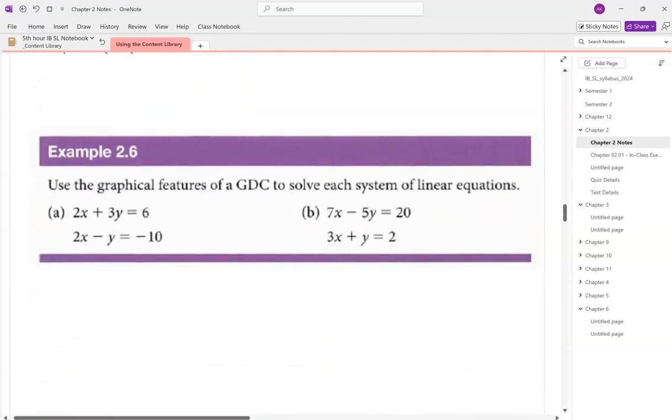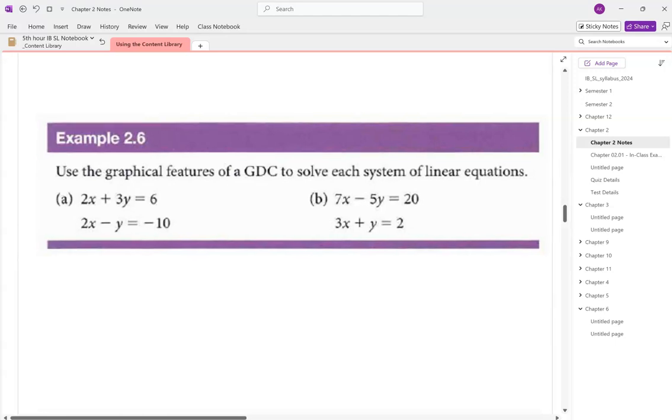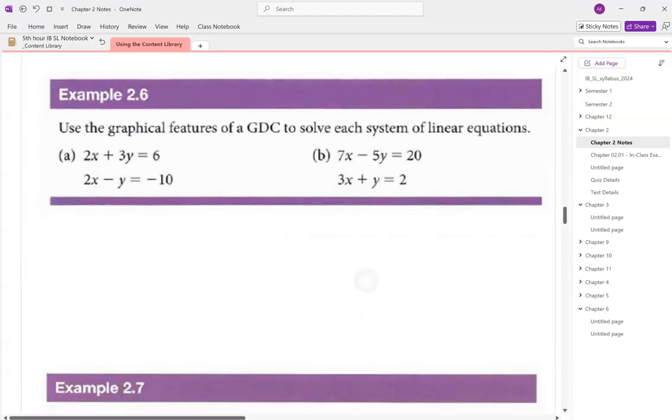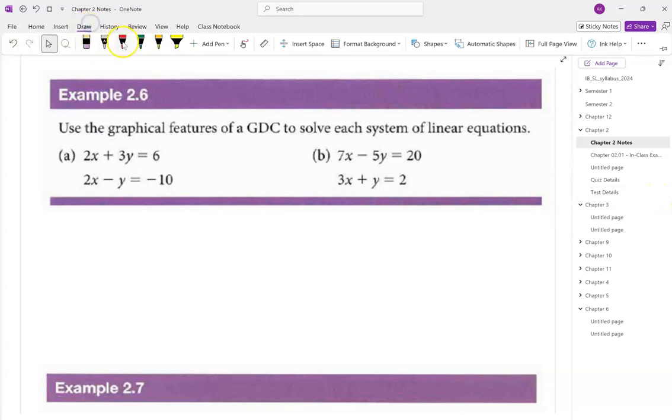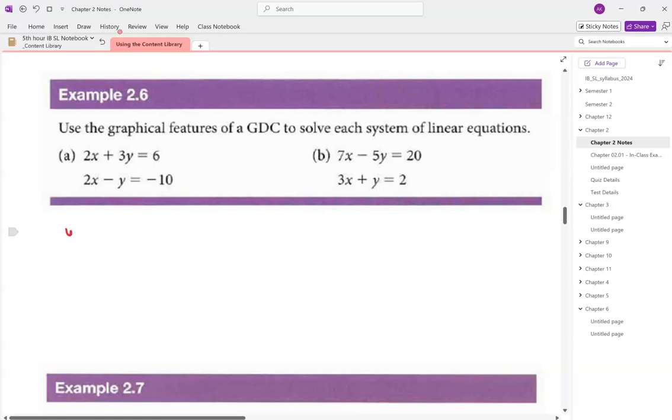All right, use the graphical features on your graphic display calculator to solve each system of linear equations. So in order for me to do this graphically on my calculator, what type of equation do I have to have? It has to start y equals, right? So for the first one, I would say y = -2/3 x + 2.